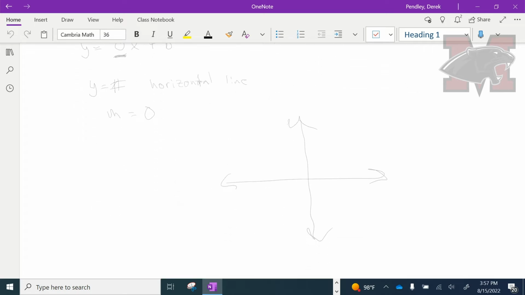So if you're driving uphill, I'll put a red line uphill. If you're driving uphill on that red line, you're going up. You have a positive slope. So from left to right, this is a positive slope.